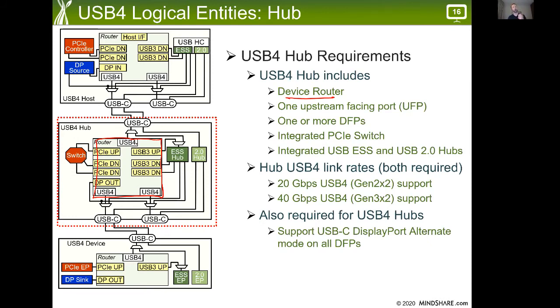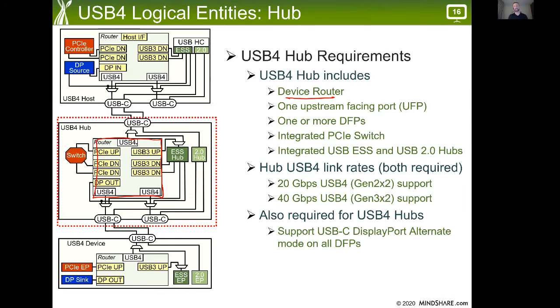A hub only has one upstream facing port, right? So you cannot have rings or loops of hubs. Everything in USB 4 from a topology perspective is going to be a tree. So it's all going to have only one path from any device to any other device in the system. One way they implement this is you can only have one upstream facing port.